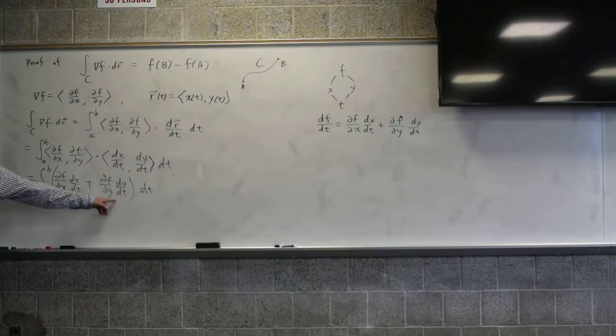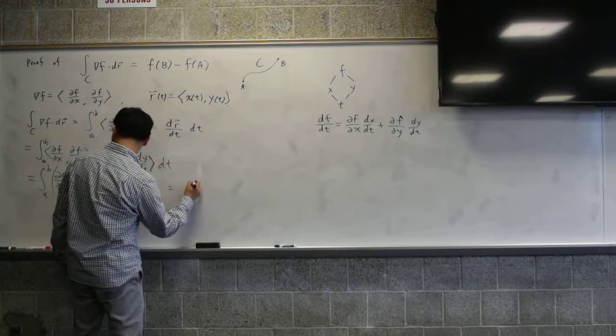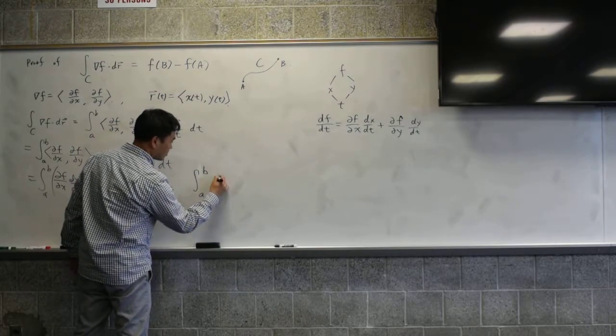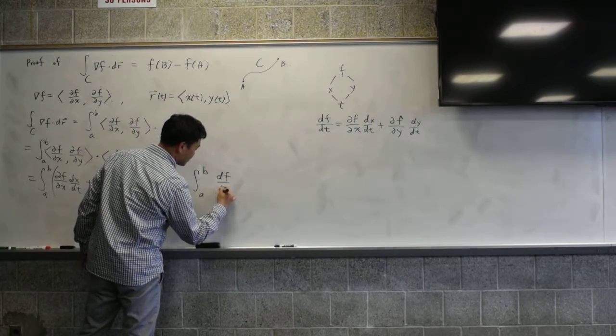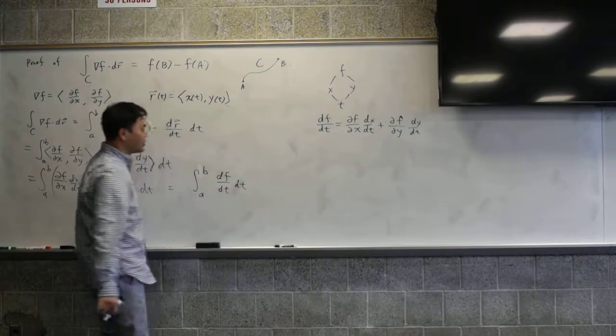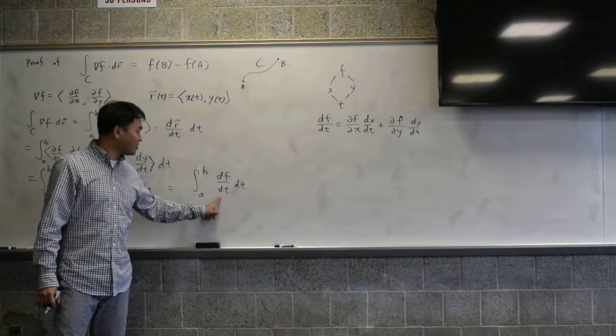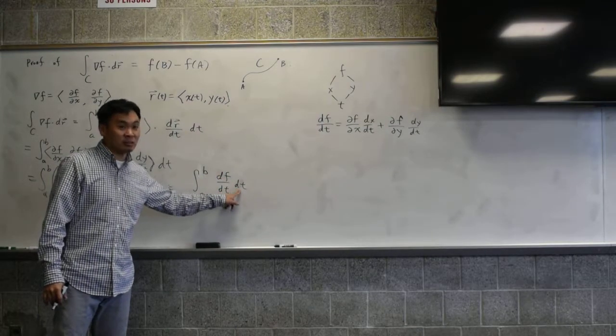So now we can rewrite this as the derivative with respect to t. Think about the following: I'm differentiating by t and then integrating by t. What do I get?